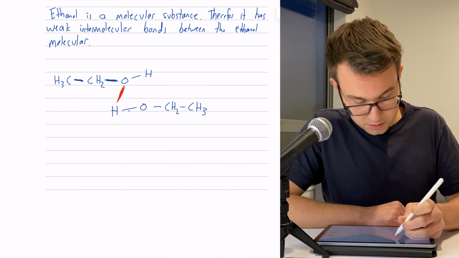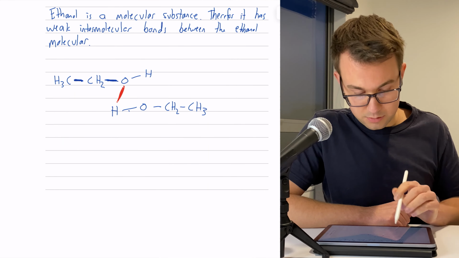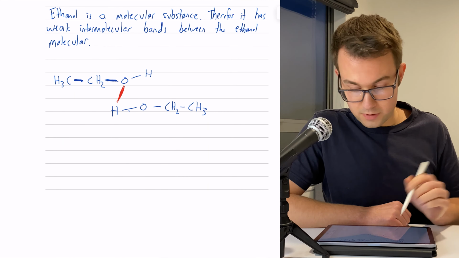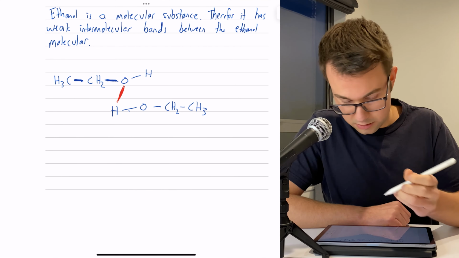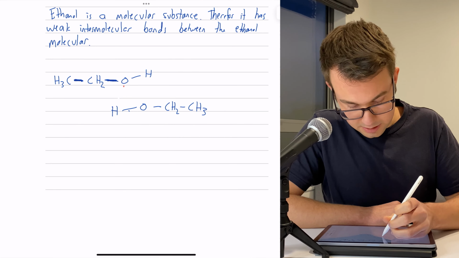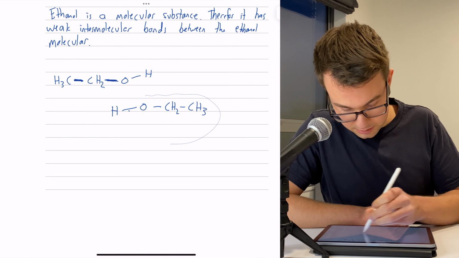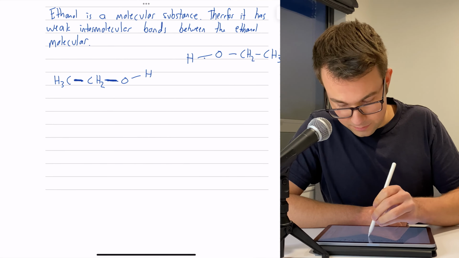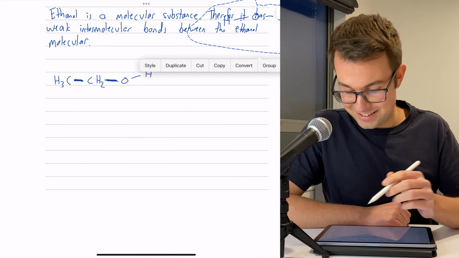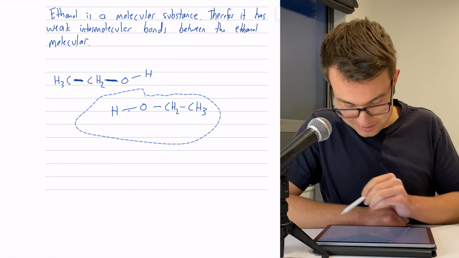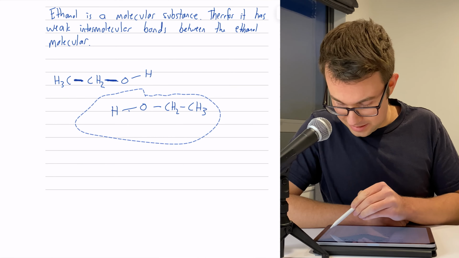So you're not going to break these covalent bonds, but it takes only a little amount of energy to break a weak intermolecular bond. Let's just, whoa, this bond's breaking. Yes, it is. Okay, so that's breaking a weak intermolecular bond. And now, whoa, evaporation. That was sick, wasn't it? I hope you enjoyed. Okay, brilliant. So we found out that we're not going to be breaking covalent bonds, but we can break these weak intermolecular bonds quite easily.